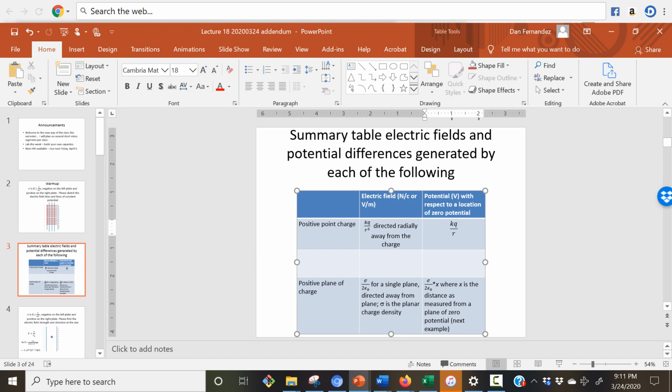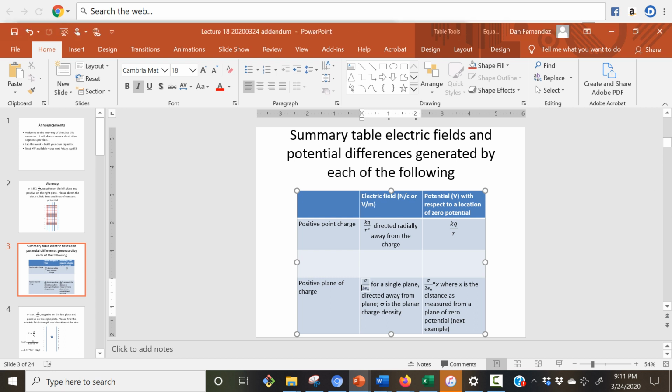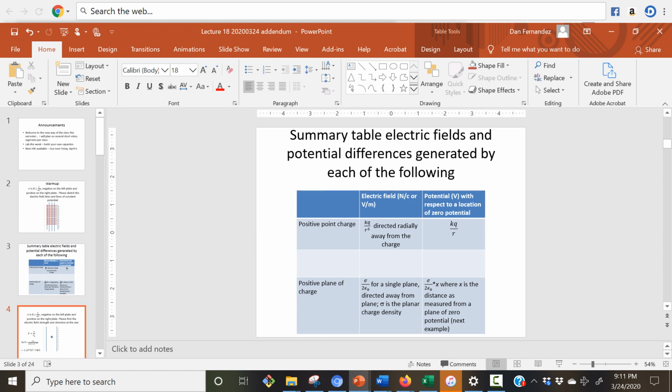Similarly, for a positive plane of charge, sigma over 2 epsilon 0 is going to be the electric field, where sigma is the charge density per square meter, and epsilon 0 is the permittivity of free space. That's what the electric field strength is going to be anywhere at any distance away from a plane. Potential, on the other hand, will be that electric field times the distance you are away from that plane of charge.